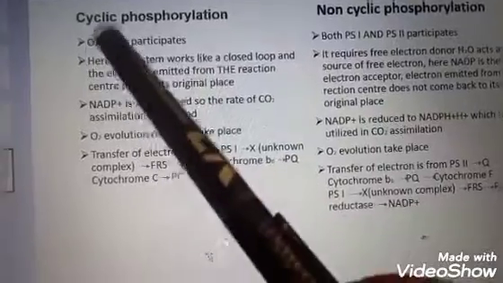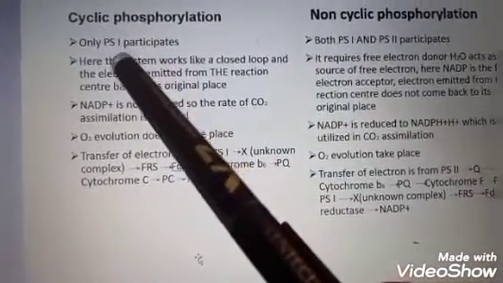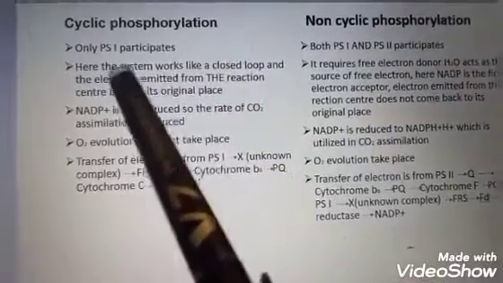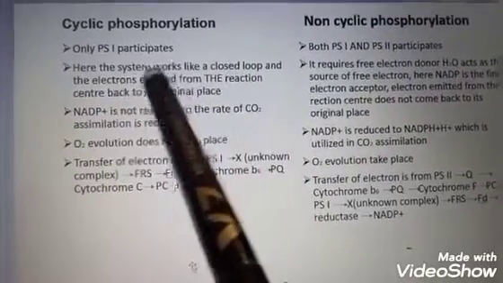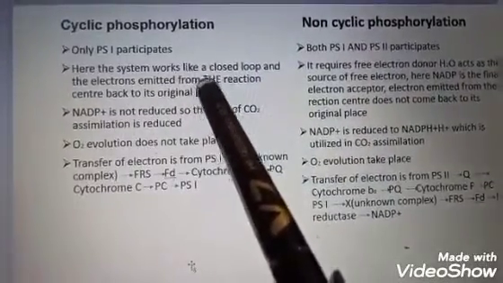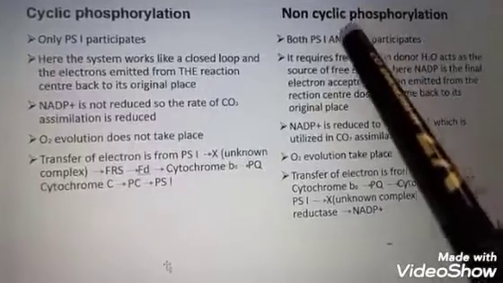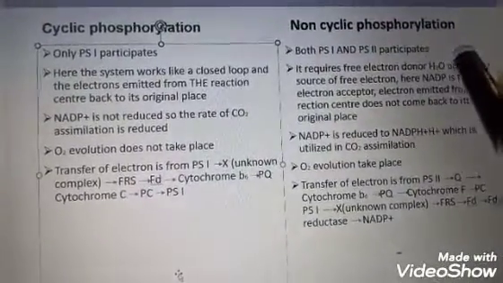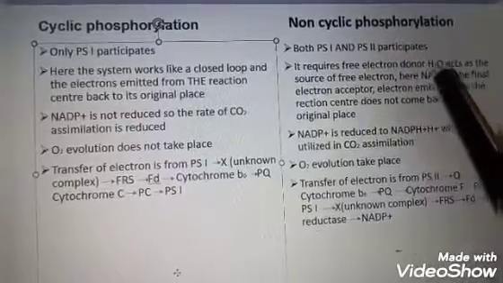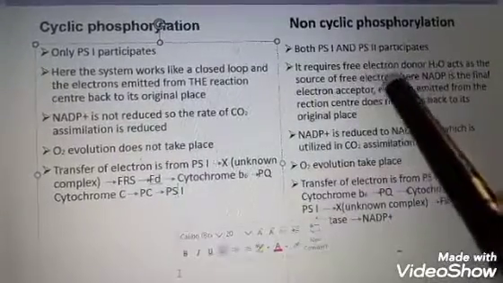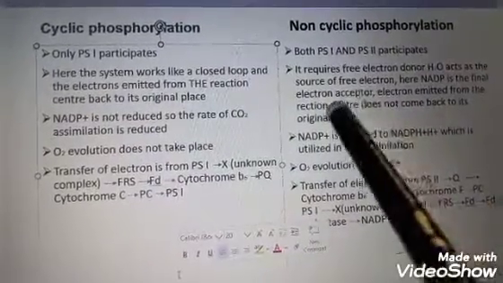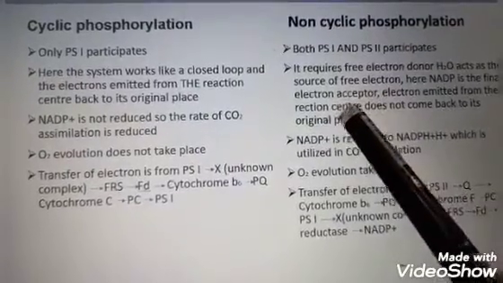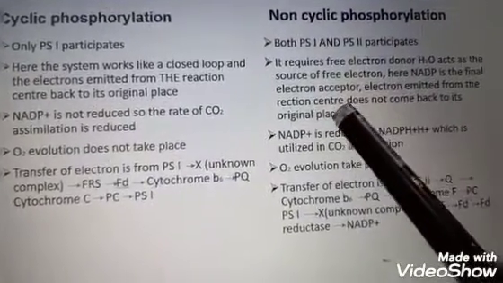The second difference is that in cyclic photophosphorylation the system works like a closed loop, and the electrons emitted from the reaction center come back to their original place, whereas non-cyclic phosphorylation requires a free electron donor, H2O, which acts as the source of free electrons. Here NADP is the final electron acceptor, and electrons emitted from the reaction center do not come back to their original place.